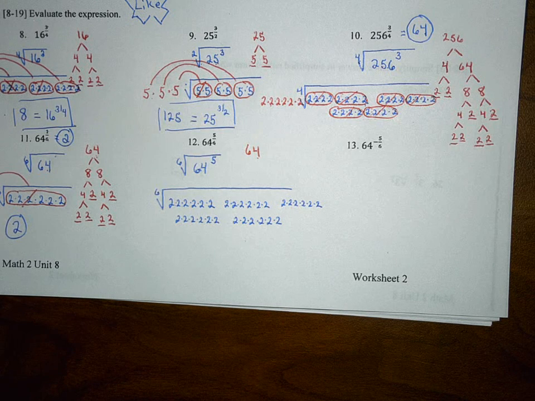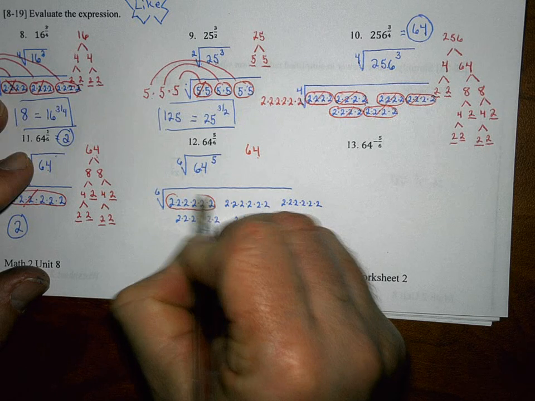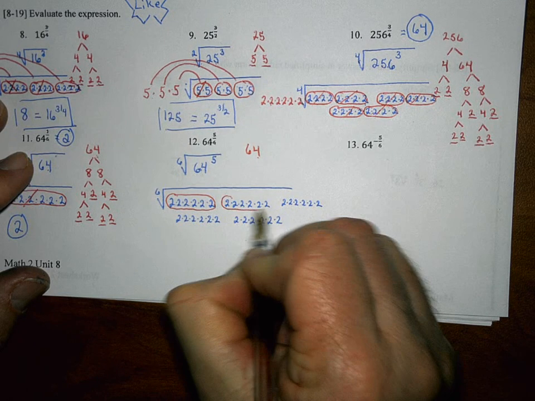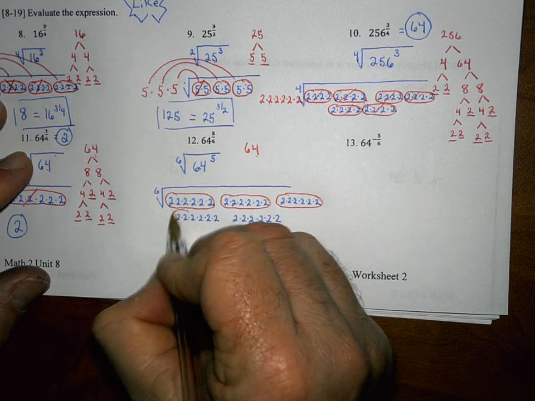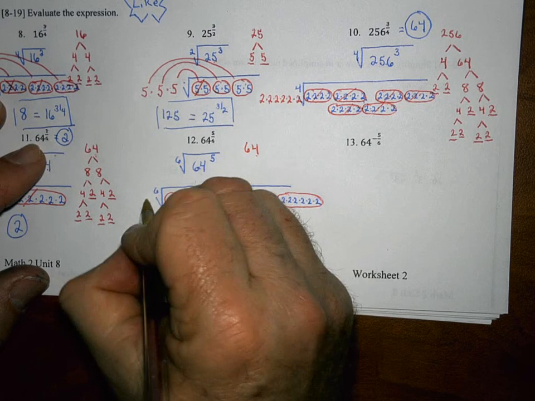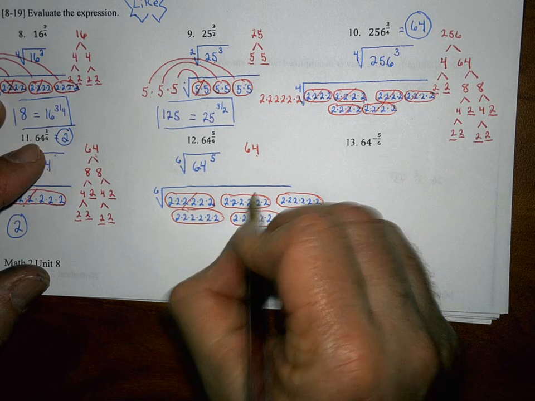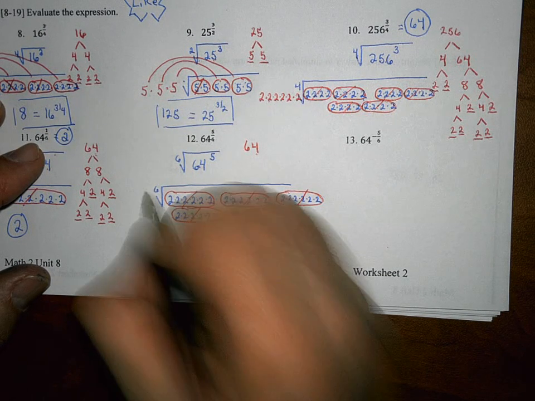Now since my index is 6, that means I'm looking for 6 identical numbers. I have 6 identical 2's, five times over. So every time I have identical ones, they get moved to the outside of the radical.